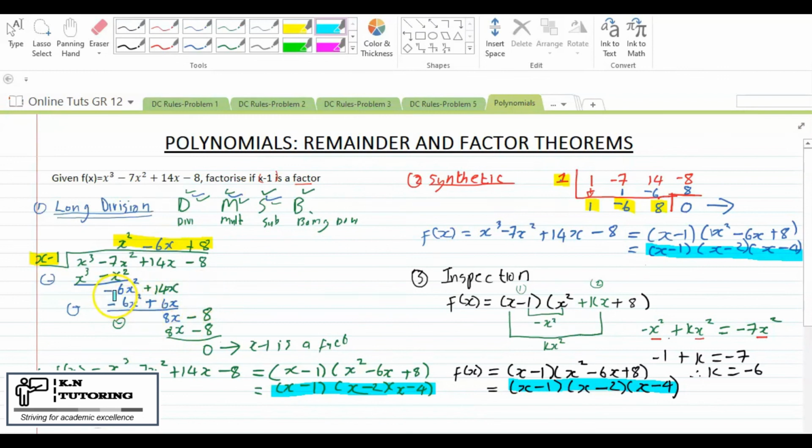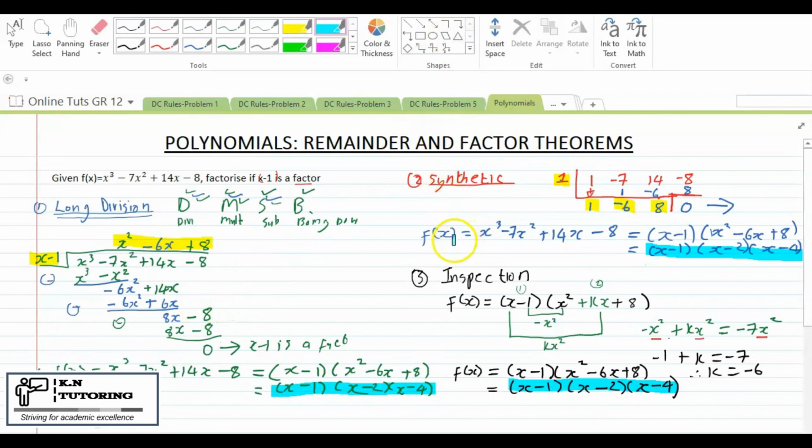So you end up forgetting that, for example here, it must be negative 7x squared minus negative x squared. So you've got lots and lots of negatives, which can be frustrating and can lead you to making mistakes. But if you're confident enough to use long division, you are more than welcome to use it.